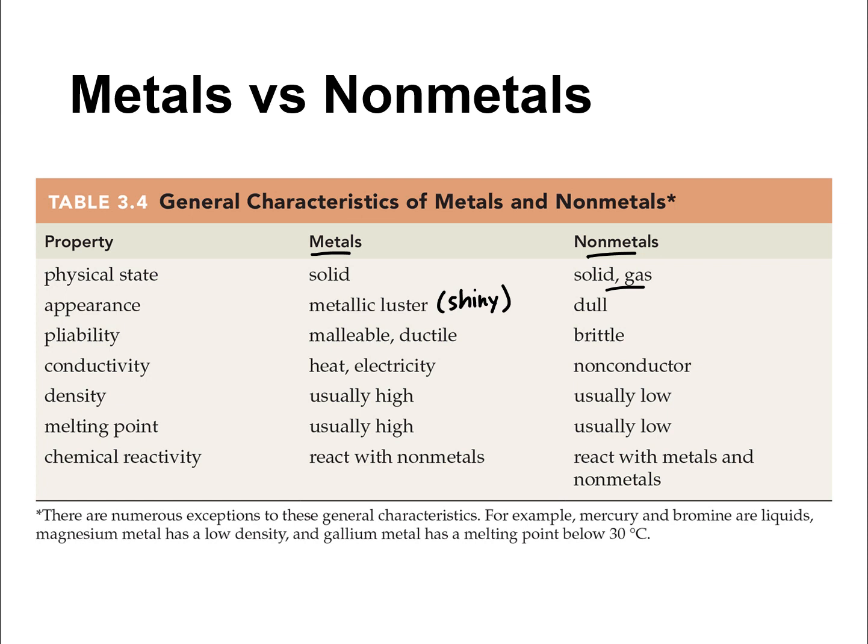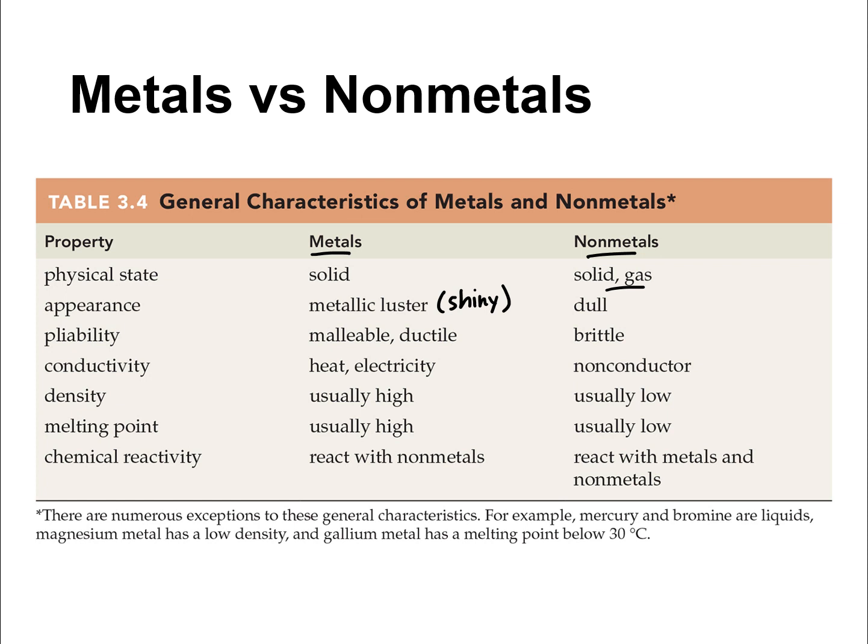Metals are malleable and ductile, which means that you can hammer them out and you won't shatter them. You can extrude them into long wires, that kind of thing. They won't break. Can't do that with nonmetals. They're very brittle. You use a hammer, bam, it's done. So these characteristics you'll need to know. I'm not going to continue all the way through the list. I know y'all can read.